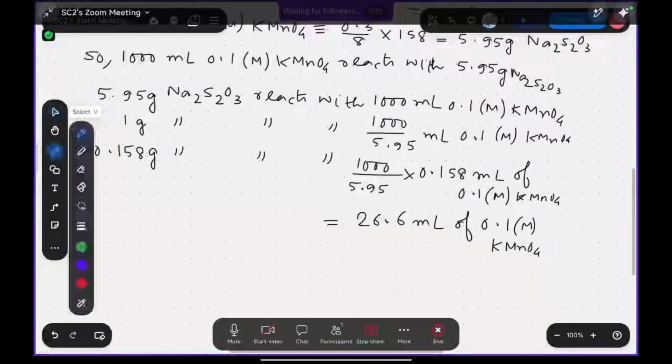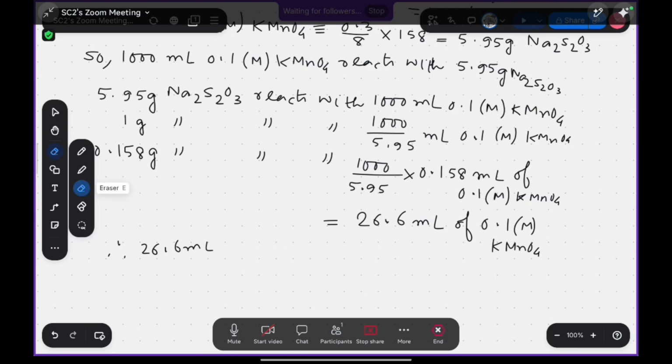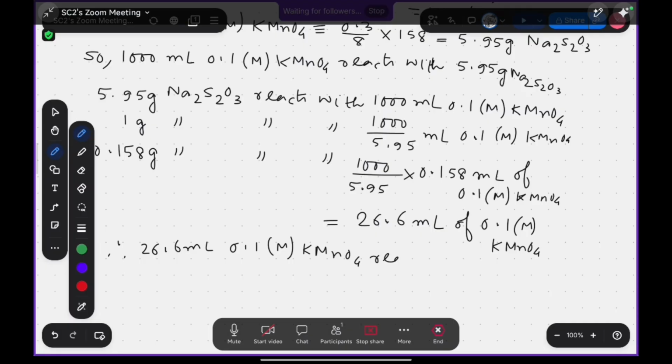If you write the entire statement in this way, therefore 26.6 ml 0.1 molar KMnO4 reacts with 0.158 gram sodium thiosulfate.